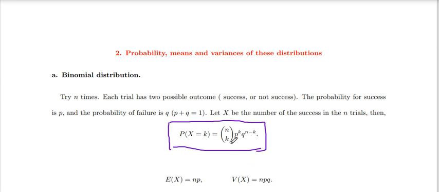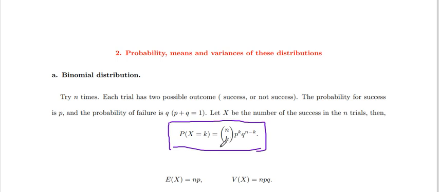We say the success happens with probability p, k times, and the failure with probability q happens the remaining n minus k times.